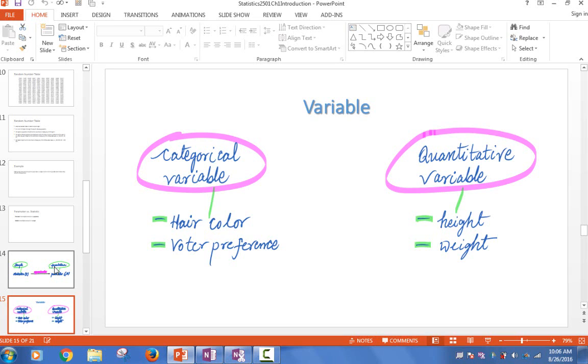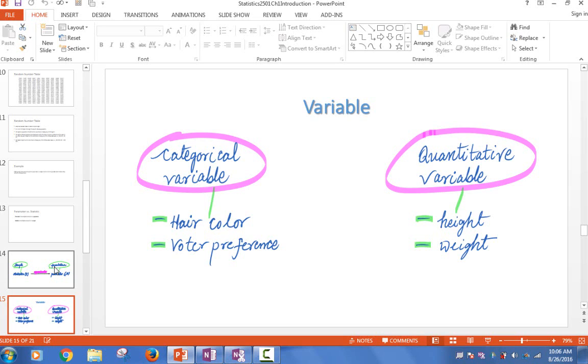Blue? I don't think that's the natural color. Let's just say those three for the sake of the class. Okay, so then basically what you're doing is you are looking at all people and you are dividing them into three categories, right? People with black hair, people with blonde hair, people with red hair, right?